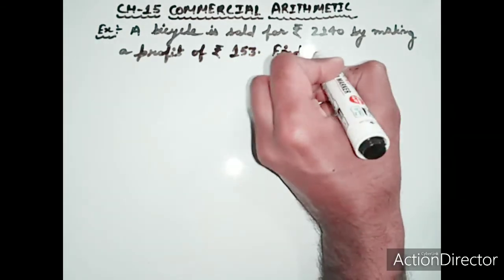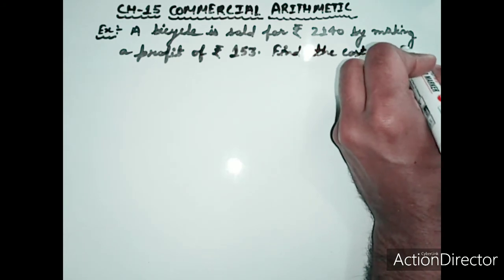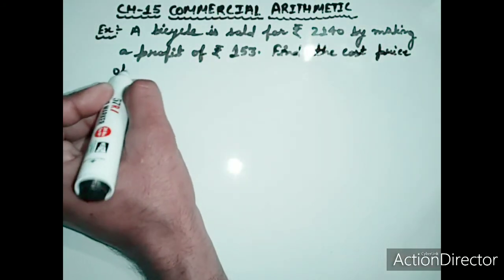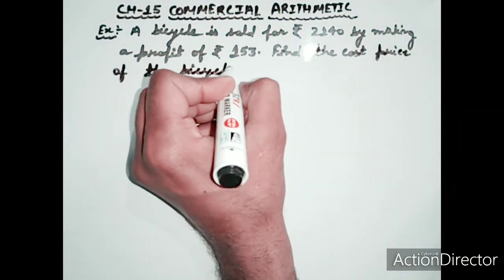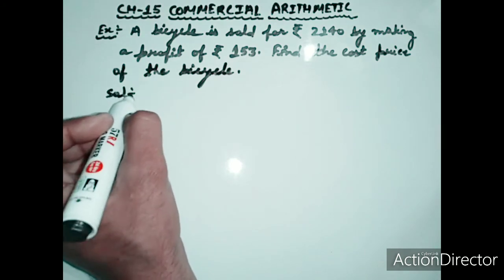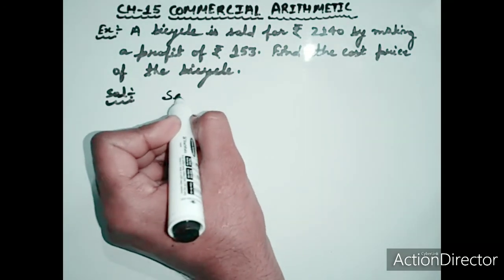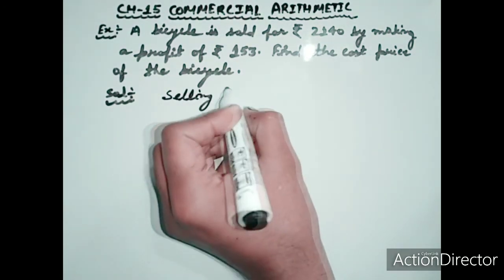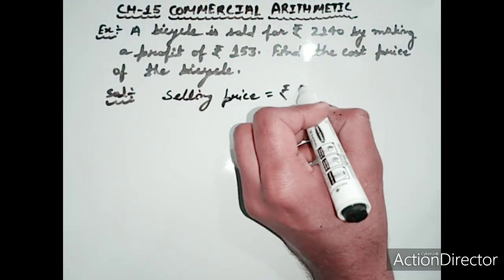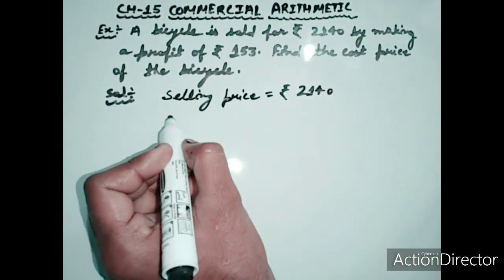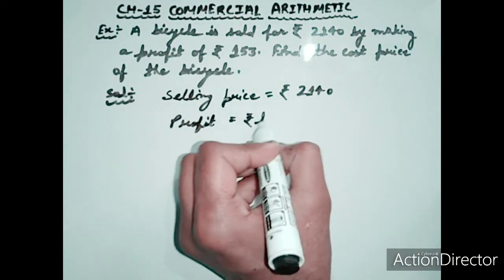So here find the cost price of the bicycle. Here first we write given terms: selling price equal to rupees 2140 and profit equal to rupees 153.